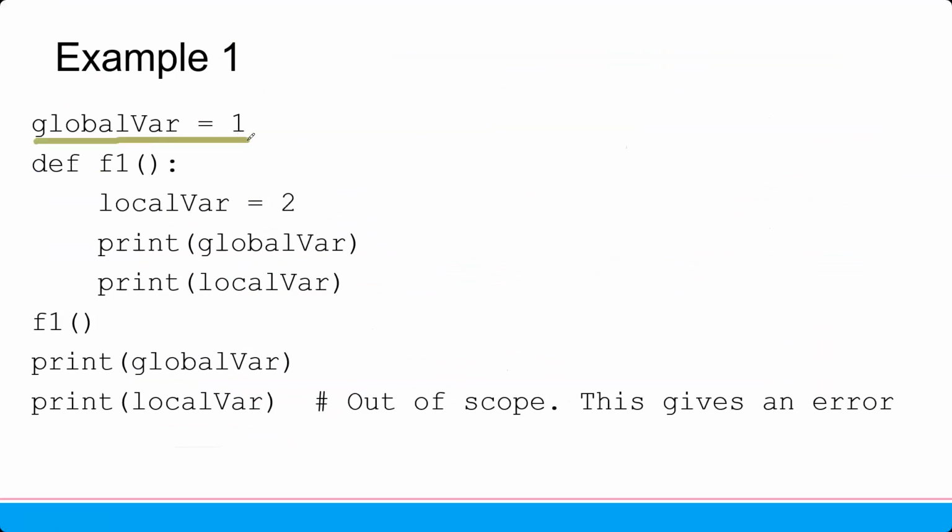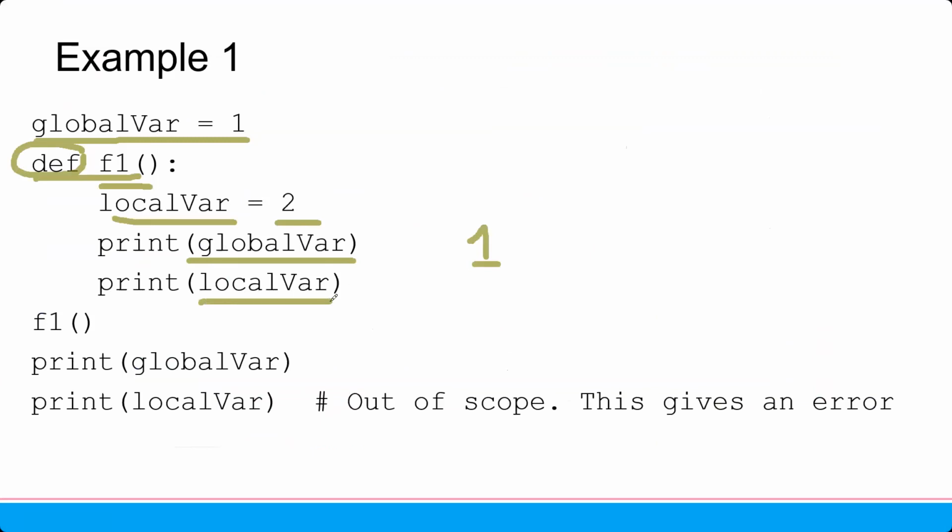Global variable is 1. We have def, which means function. So this is a function with the name f1. The local variable is 2. Print global variable. What is the result? This is 1.